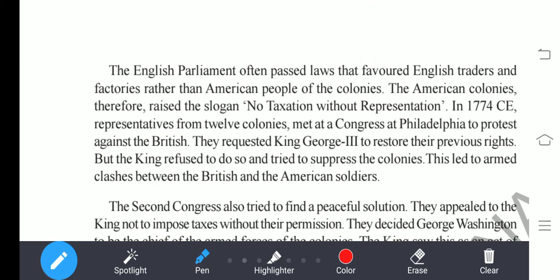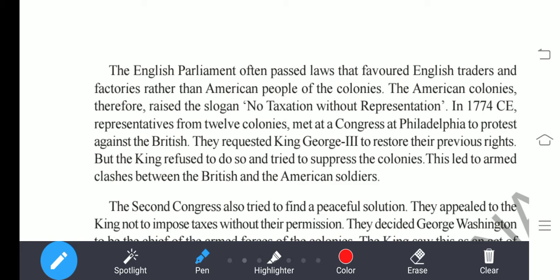So, under the leadership of Thomas Jefferson and Tom Paine, the American people decided, why should we pay tax to the British Parliament, which is not considering the needs of the American people?